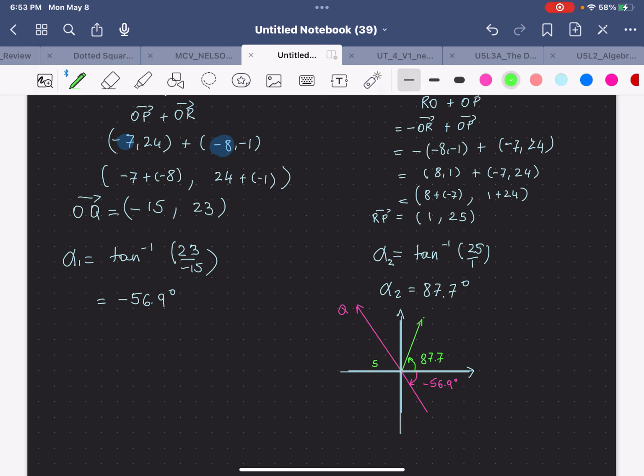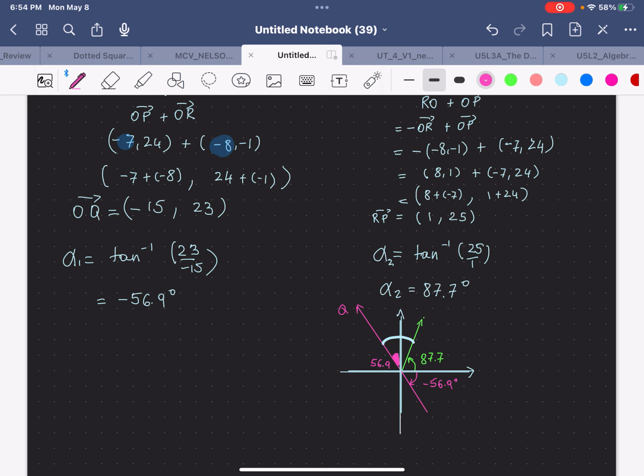So 56.9, right? So that tells us that the angle alpha made between the two vectors would be equal to this little vector here, the pink little vector here, which seems to be equal to whatever is left over from 90 degrees.